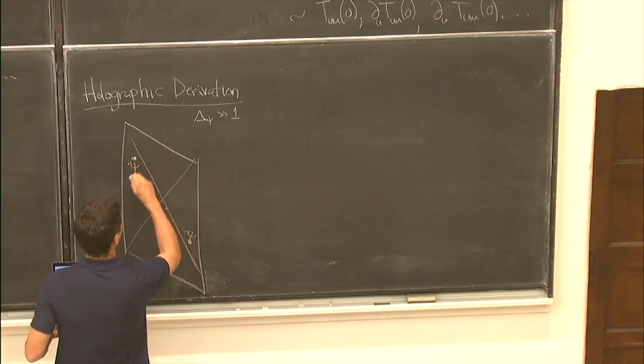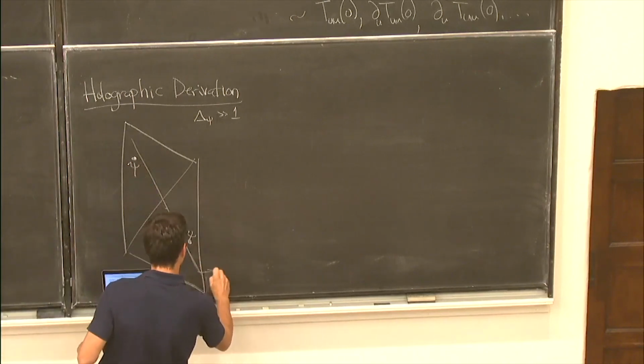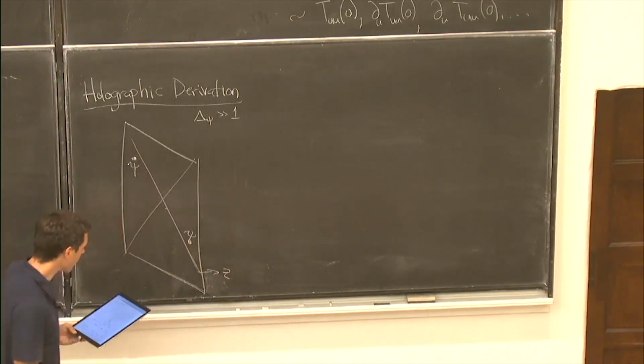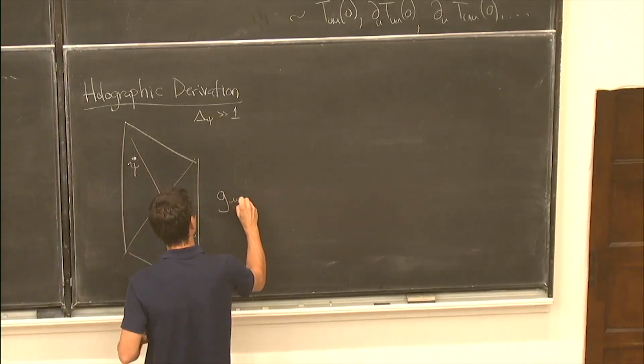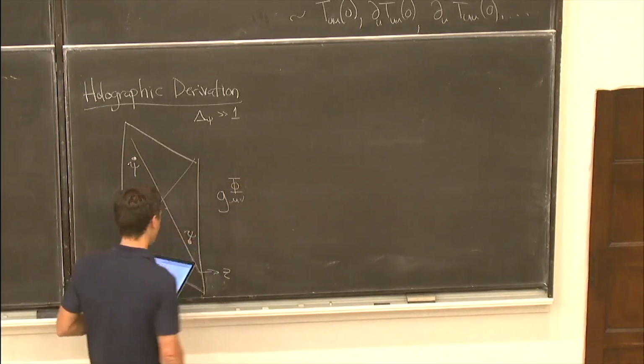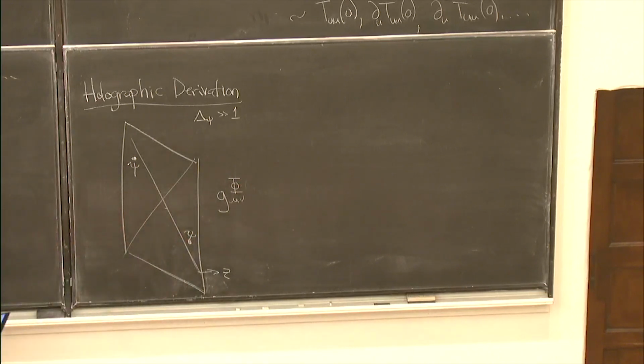So this is the radial direction, and we're not in vacuum. We're in some state phi that has a corresponding metric g mu nu phi.